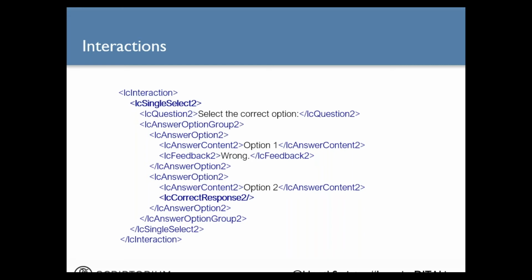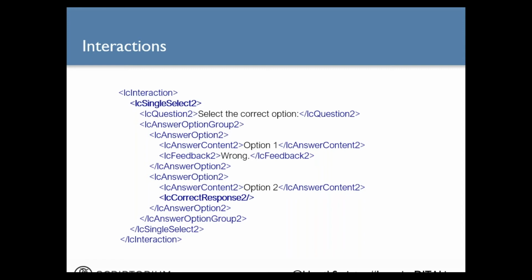And then we've got the element LC single select 2, which is then containing our question. And so the question element is going to contain our actual question content. So here, select the correct option. Again, I'm very creative. We have option 1 and option 2.